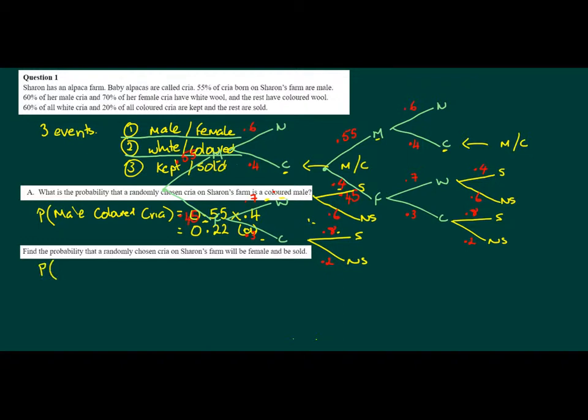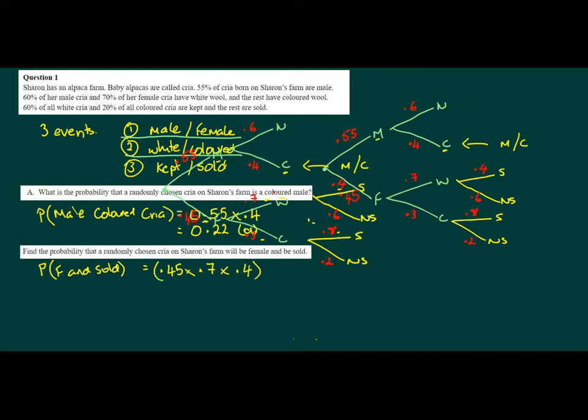So from here we can say the probability of a female and sold is equal to, first of all, the female, so 0.45 times the fact that they're white, 0.7, times the fact that they're sold is 0.4.